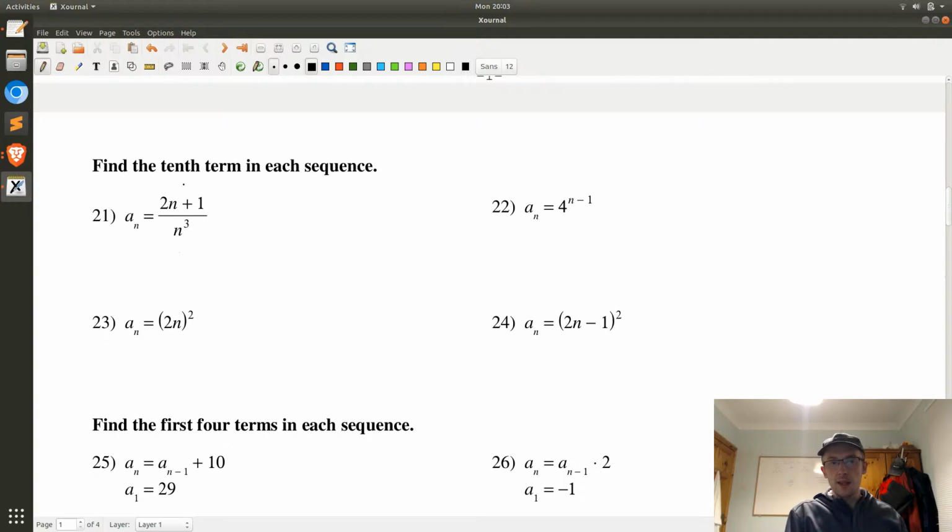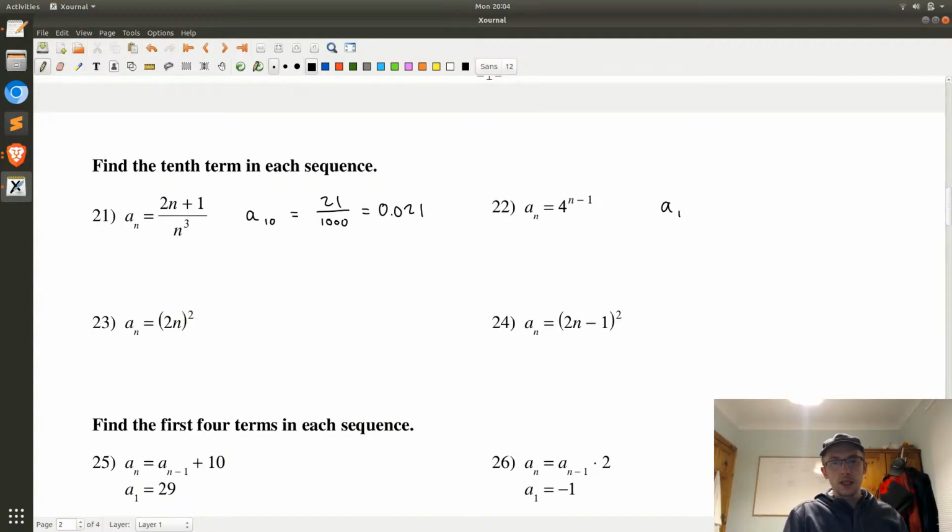To find the 10th term of each sequence, just substitute in 10 into the generation rule. So A10 will just be 21 over 10 cubed, which is 21 over 1,000, which, if you like, is 0.021.